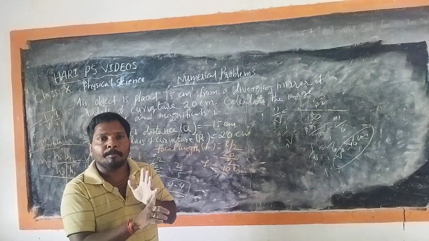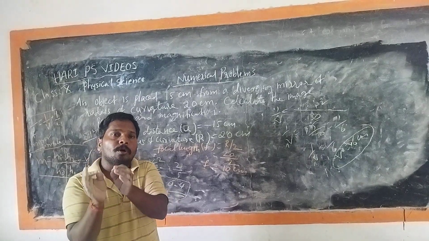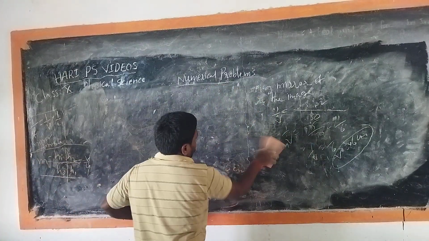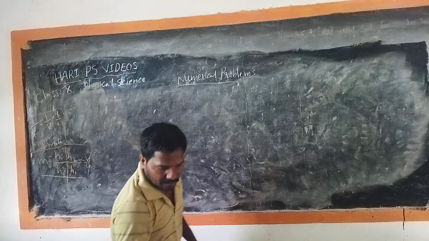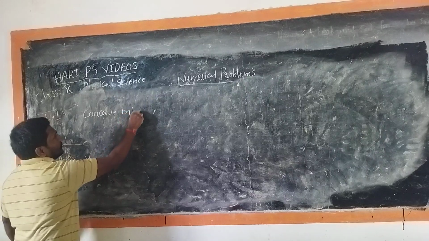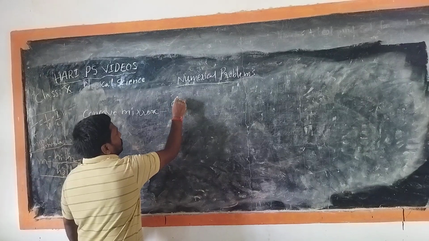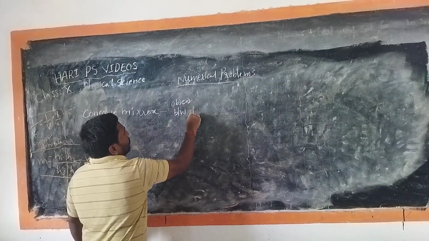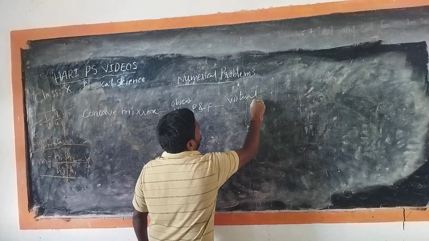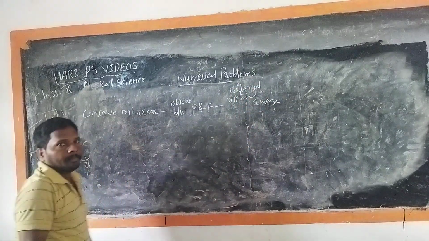In case of concave mirror, an object placed between the pole and the focus forms a virtual, enlarged image.